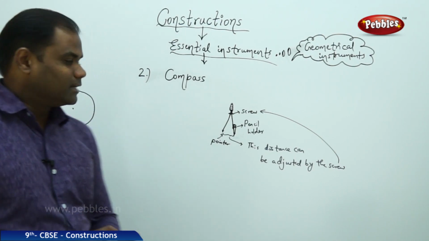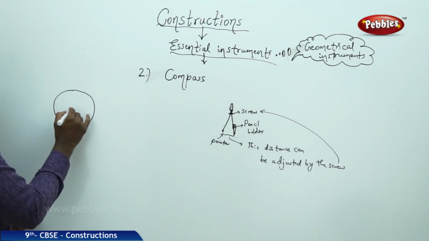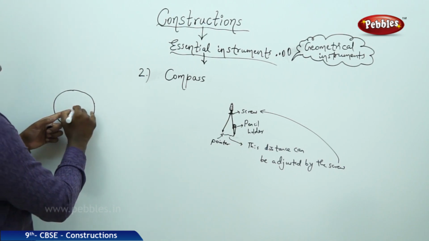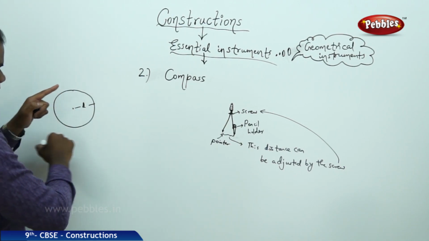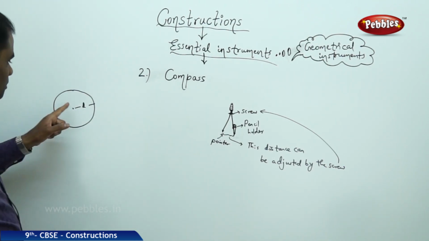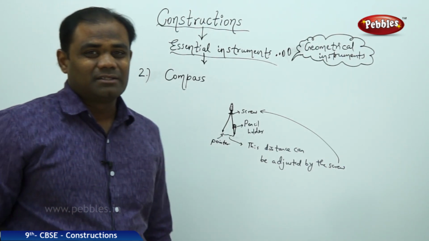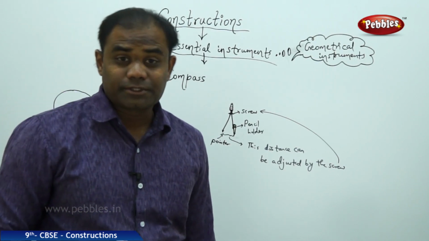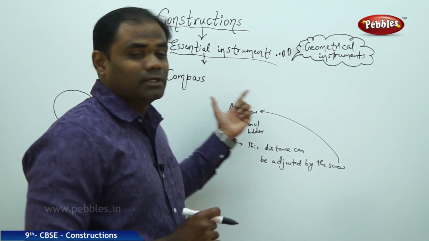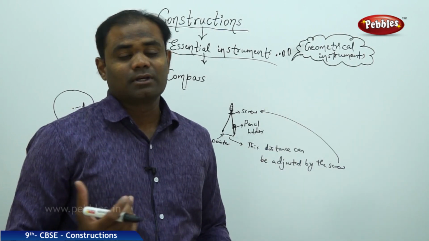And then with that distance, I put the pointer here and I put the pencil out here at a suitable distance, and then I rotate the pencil, keeping the pointer fixed. Then I get a perfect geometrical circle. Construction of a circle is the significance of using a compass.